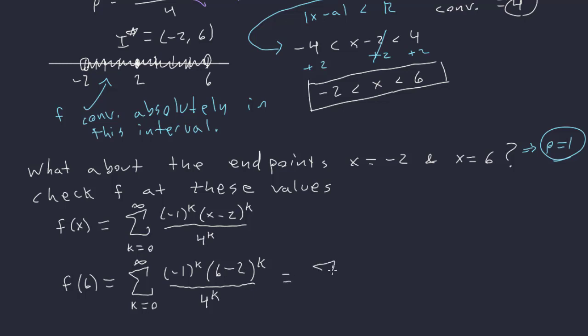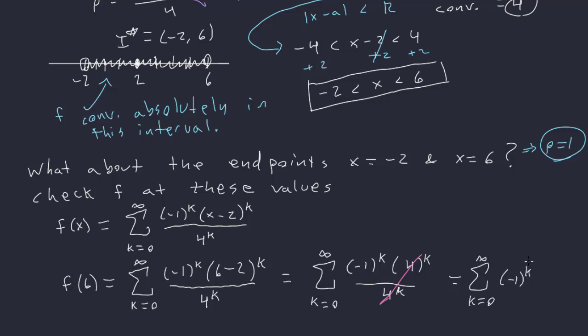So we'll get the series of -1 to the k times 4 to the k all over 4 to the k, which cancels, and now we have the series k going from 0 to infinity of -1 to the k, and we know from just previous work that this diverges. So we can ignore that.